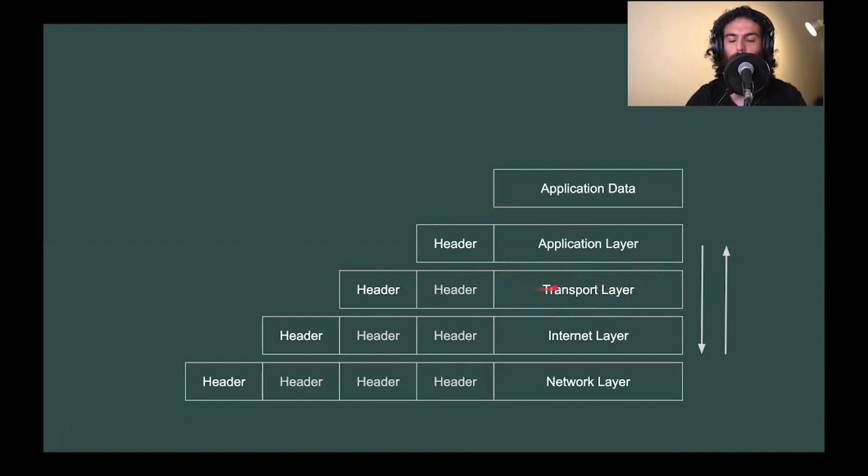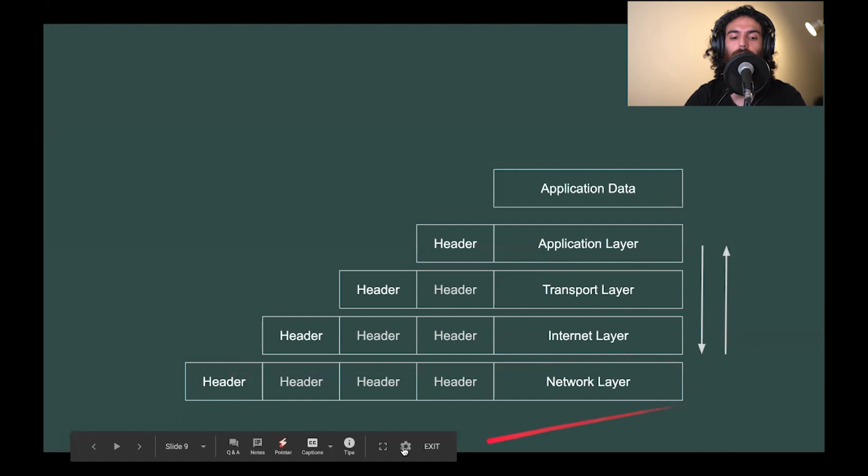Remember, that's where we have TCP/IP. Then the subsequent layer is going to describe how this new package should be handled throughout the different nodes in the internet. And then finally, we have another header that's going to describe how this entire thing should be translated into electric signals in the computer hardware.